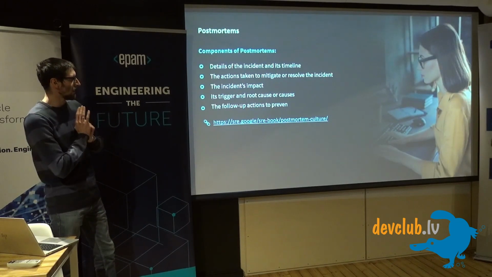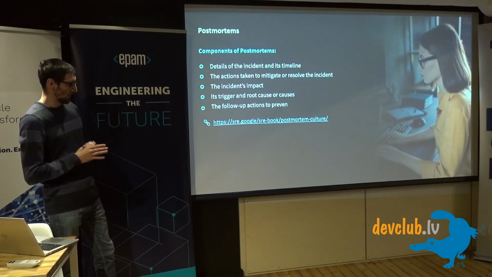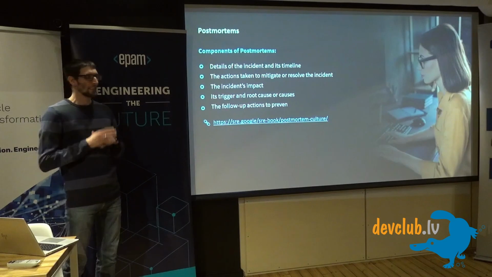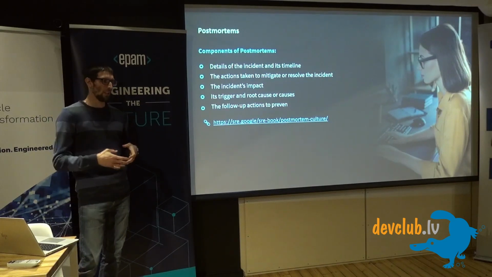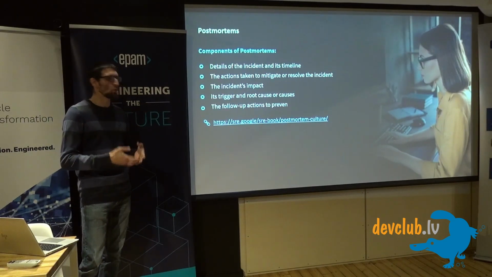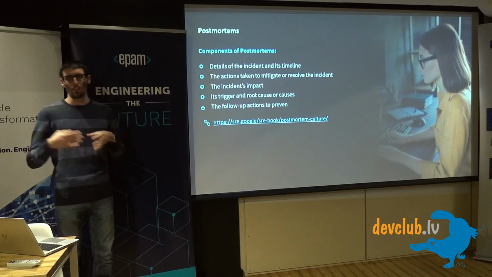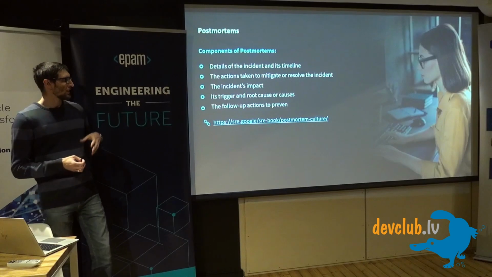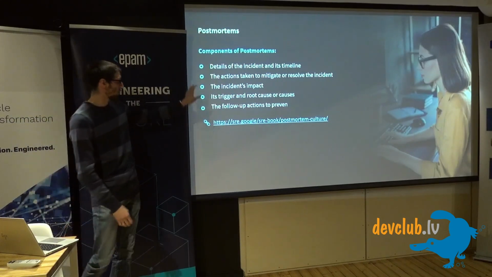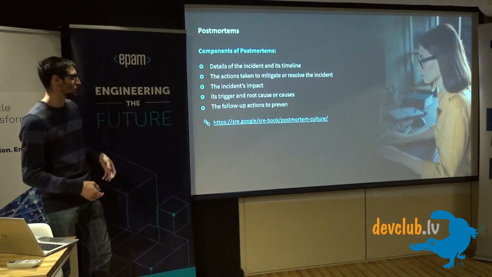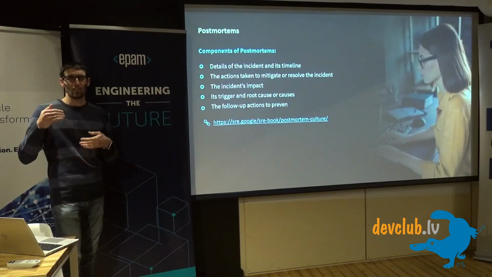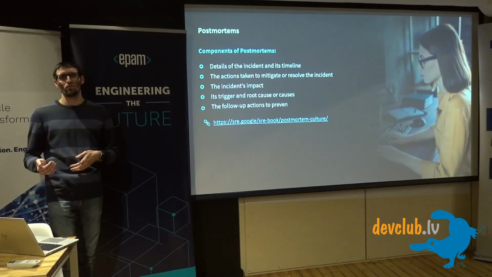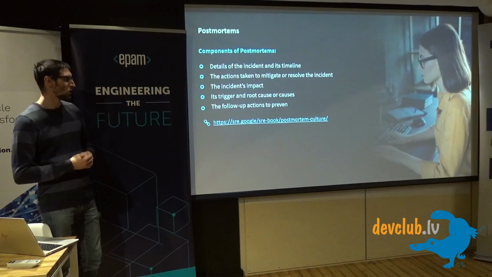But the most important thing in the postmortems is the action items that we describe to prevent possible outages in the future. This information is very important for understanding, but we need to sum up and understand what we should do to prevent some kind of problems in the future.